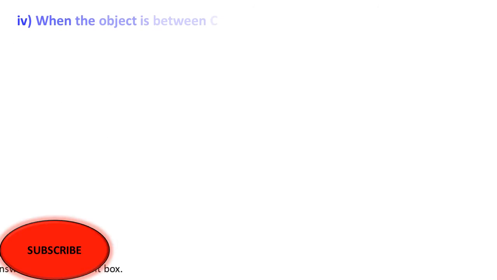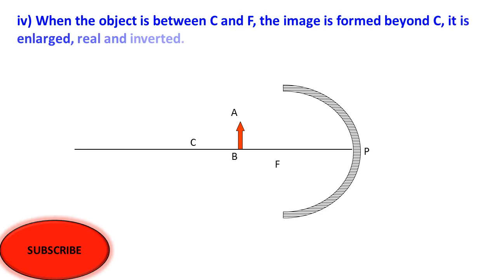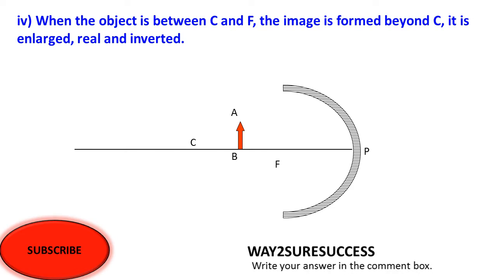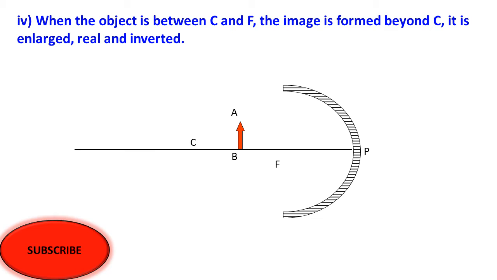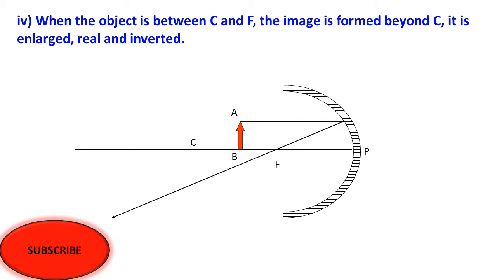Next diagram, when the object is present between focus and center of curvature. Just like the previous one, draw the object between focus and center of curvature and draw two lines. One is parallel to the principal axis and another line through the focus.